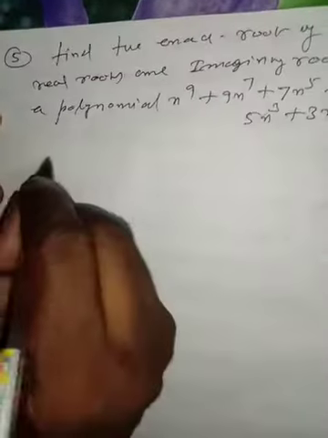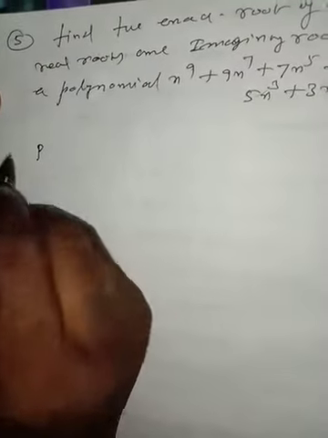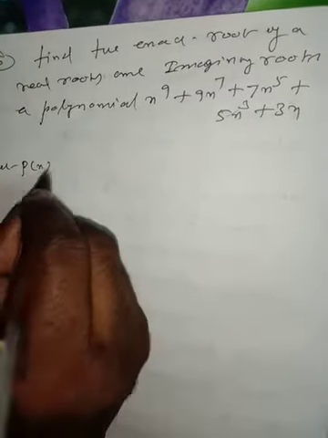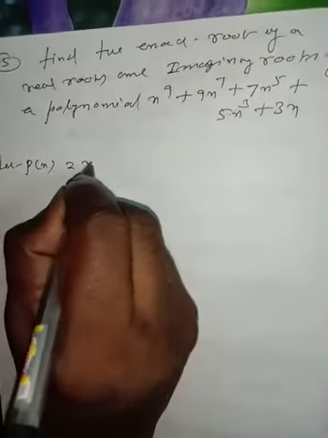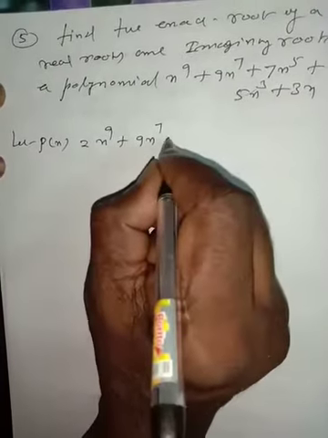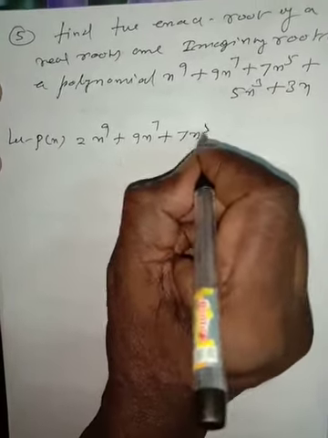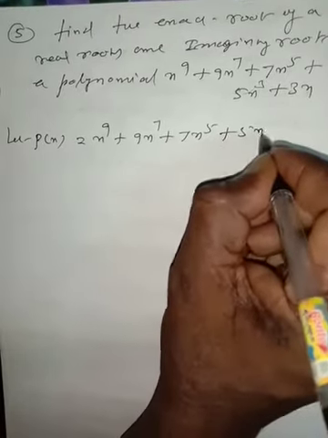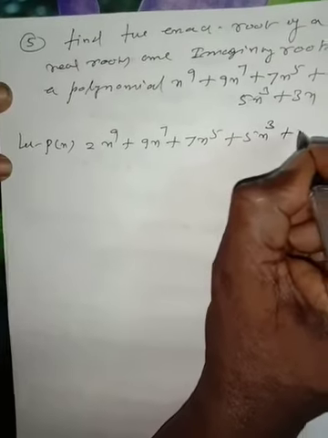The given polynomial is p of x is x power 9 plus 9x power 7 plus 7x power 5 plus 5x power 3 plus 3x.